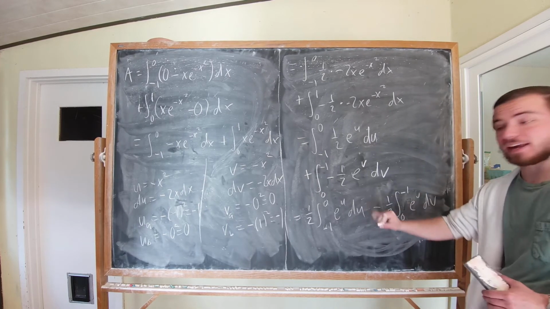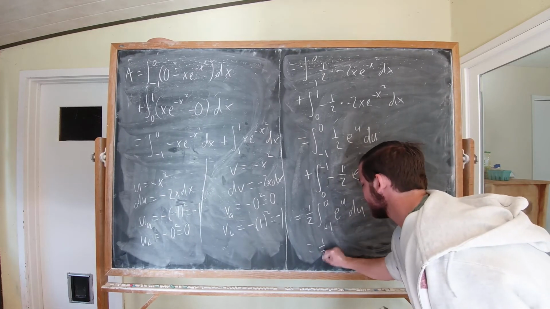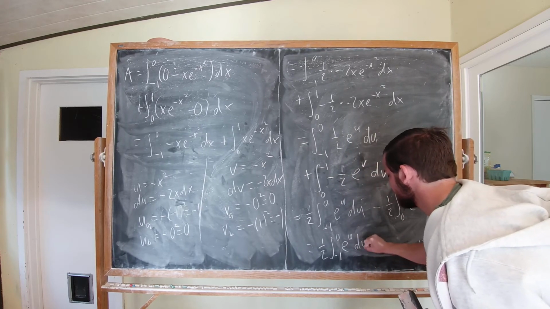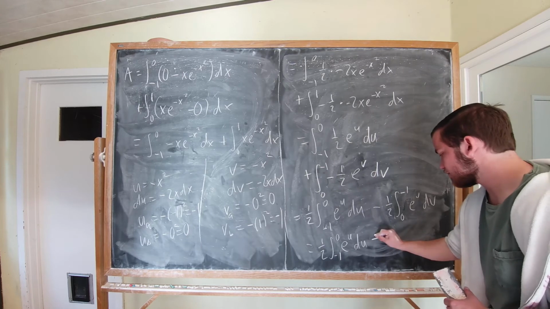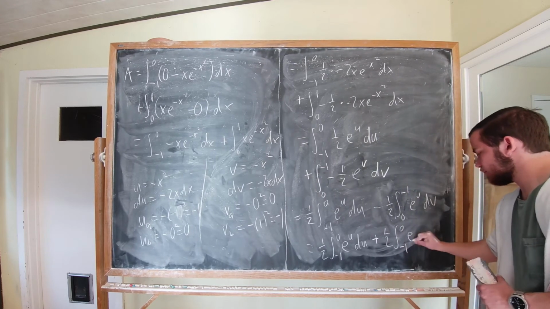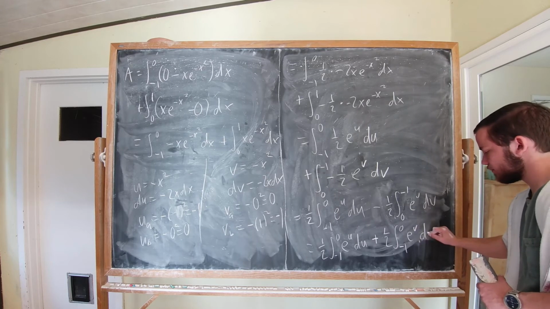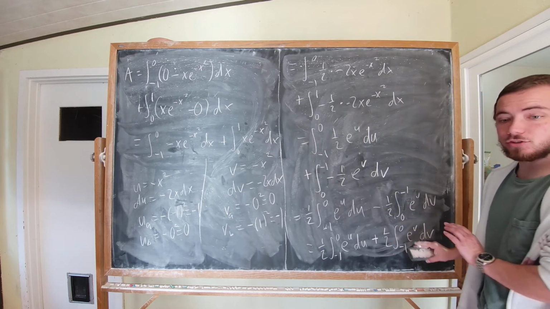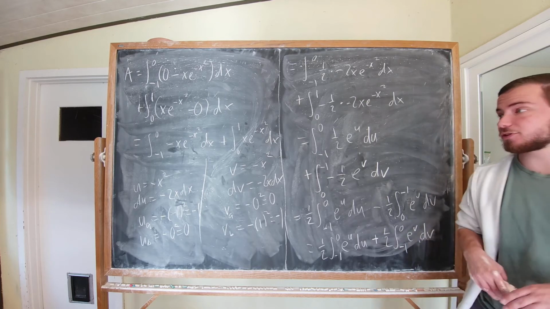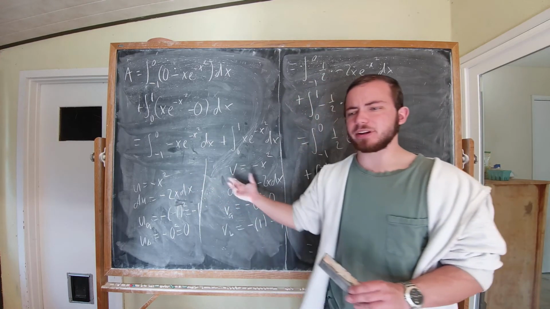All right, so we can pull out the scalars, and then we can run that. Hopefully you all are cool. All we're doing is saying, hey, we're going to run two separate u subs.